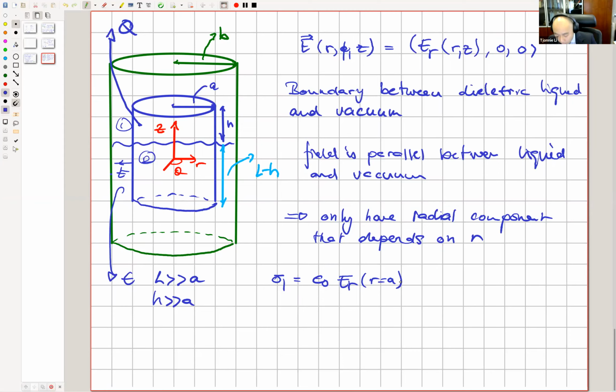Now what about in the second one, in the liquid? What is the surface charge density? The expression should look very similar to this one.